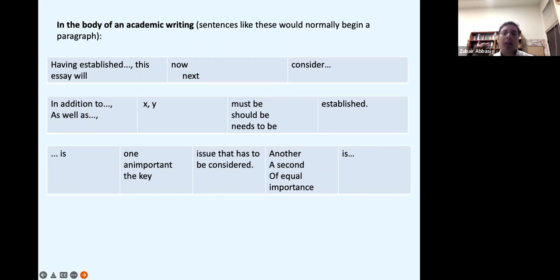Or if you say, having shown you the statistics on domestic violence, now I want to explore how we can remedy, how we can tackle this problem.